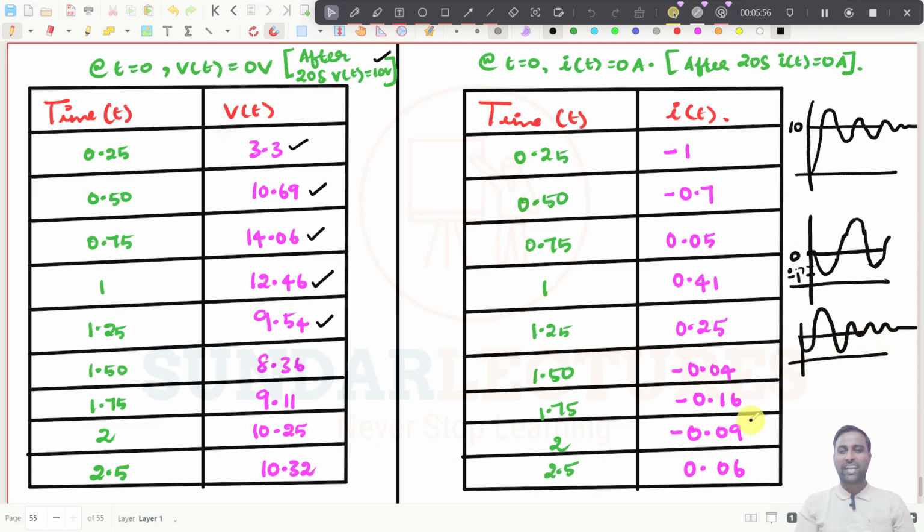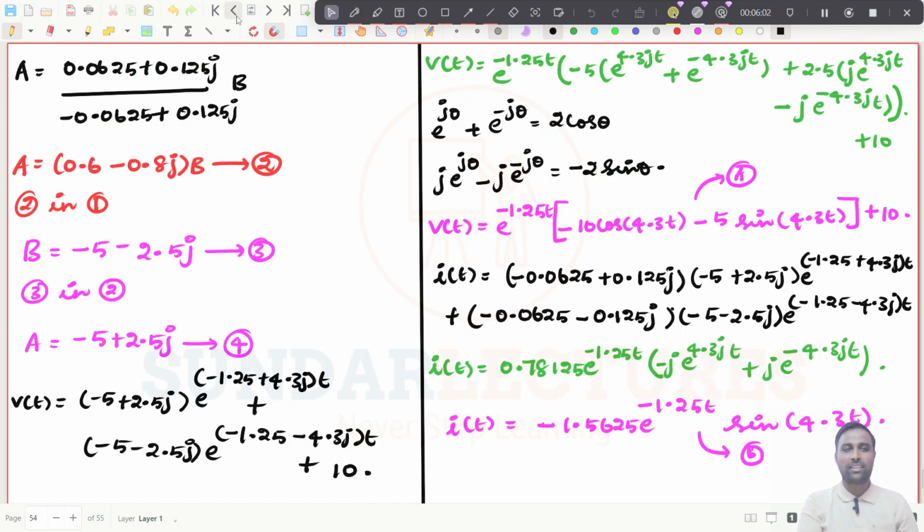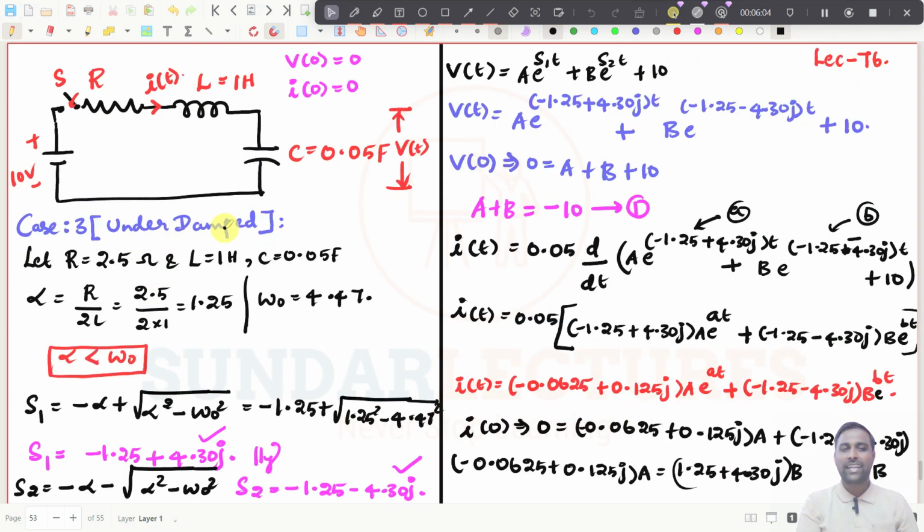That is what we are getting from the results. This condition we call under damping. What is under damping? The voltage stored in the capacitor will be oscillating for a few seconds, and then it is going to be flatly 10 volt.